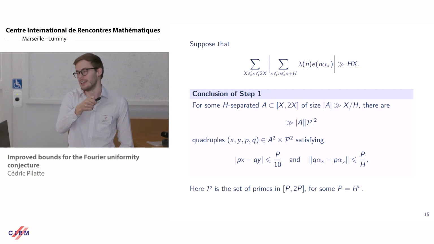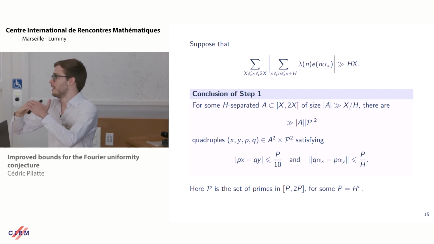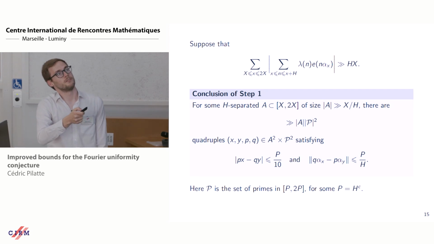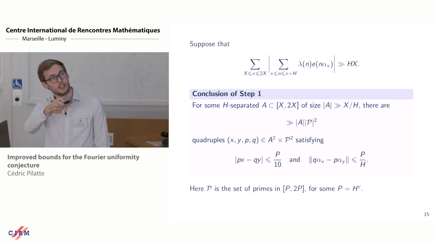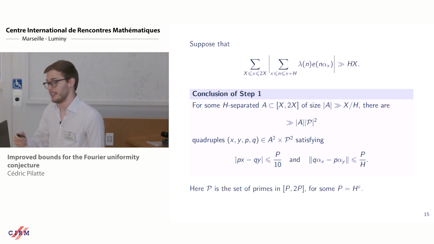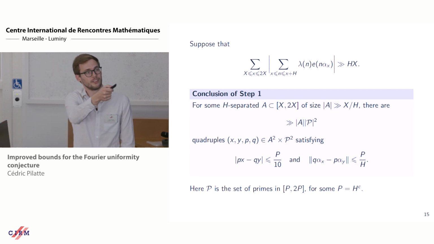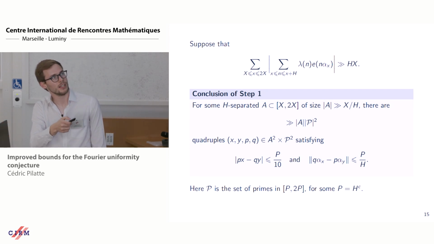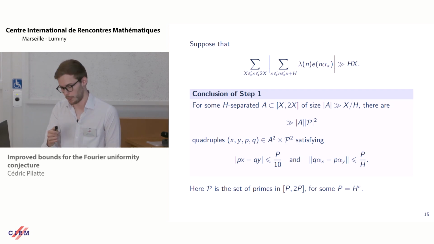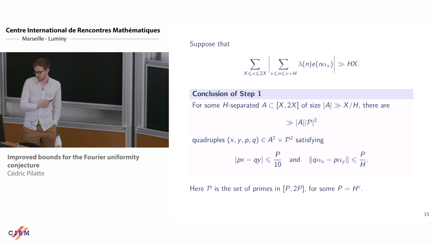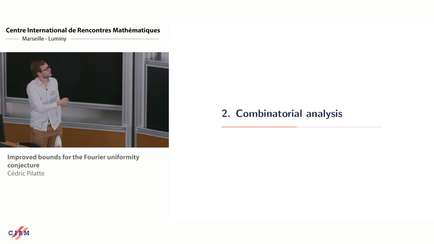This bound is saying that the smaller intervals overlap for most of it. And this bound is saying that the associated frequencies at x and y are related, and this is a precise relation. And here, curly p is the set of primes in p to 2p. So this is the first step. That's common to all the proofs.